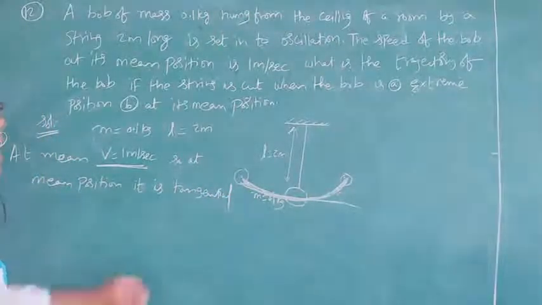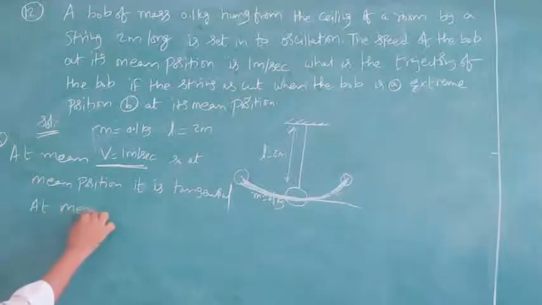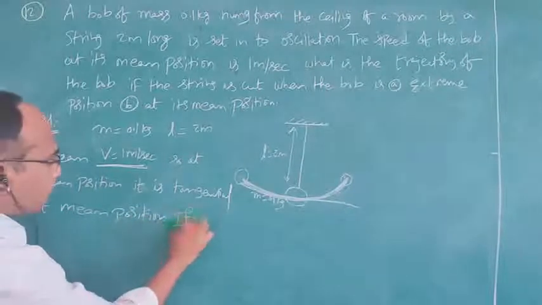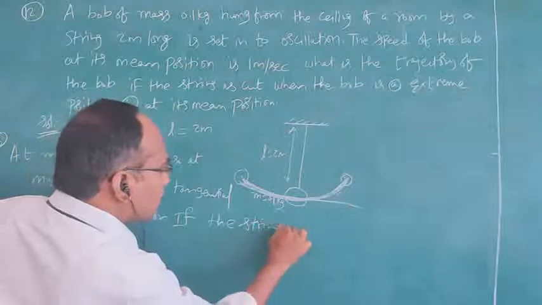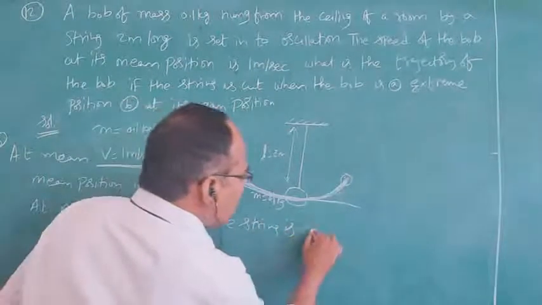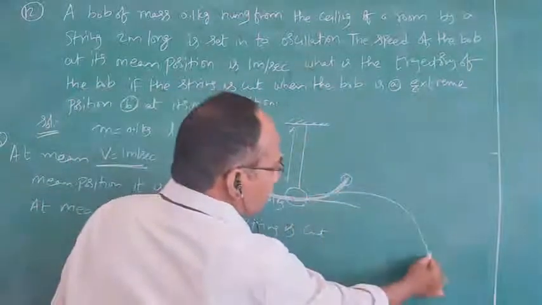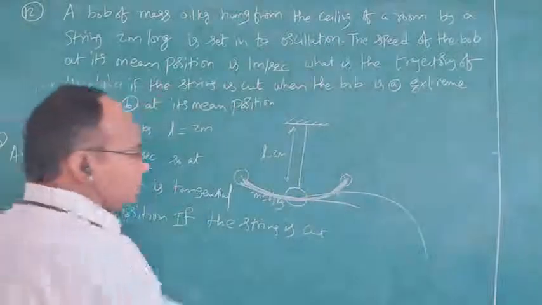Suppose at the mean position, if the string is cut, then what happens? It falls like this. So what is the meaning of this one? This is in the path of a parabola.